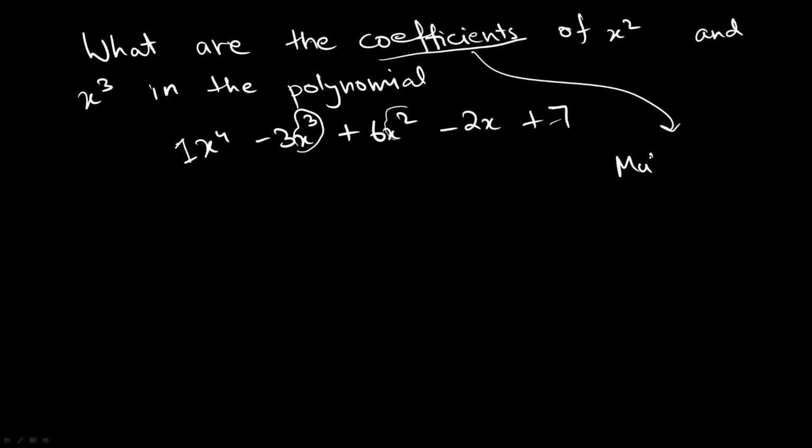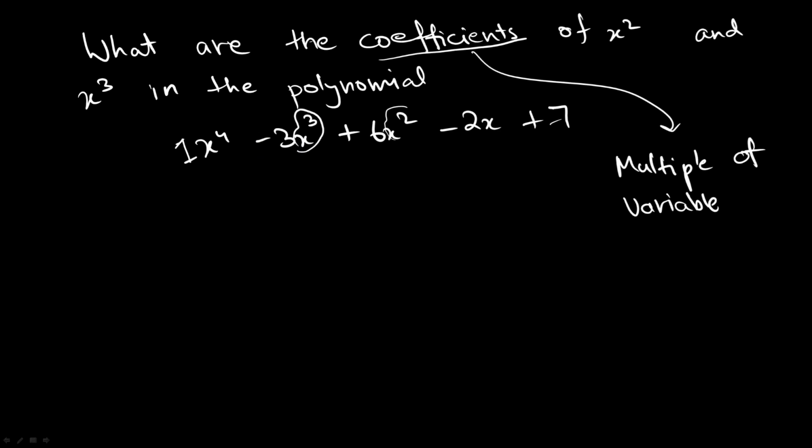These are basically multiples of variables. And when we write coefficients, we also count the minus. So we are asked the coefficient of x square and x cube.